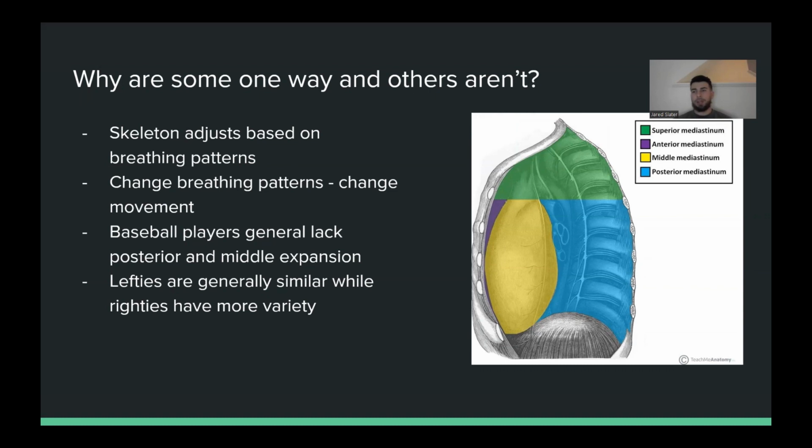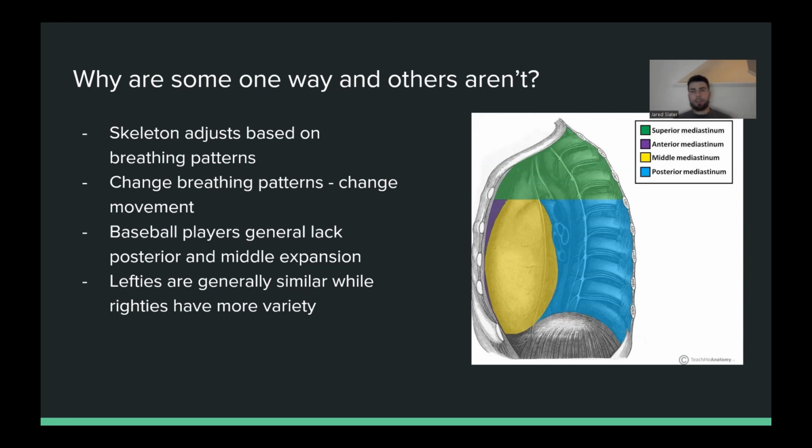Now, what it thinks is efficient isn't optimal. We're sitting at a desk, text neck, rolled forwards. That's not optimal, but your body sees it as efficient because you're in that position so long. The body's like, I got to find a strategy now to breathe in this position. And so therefore things are going to change around and move around. So that's the basic part of it.